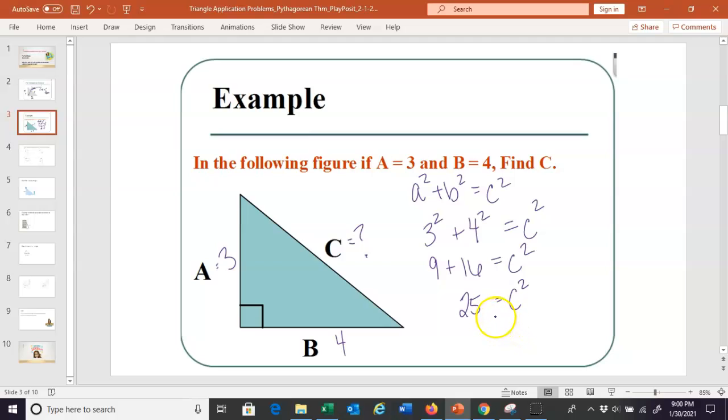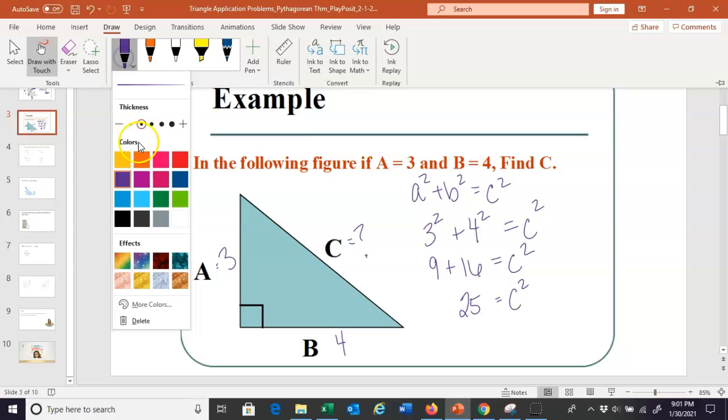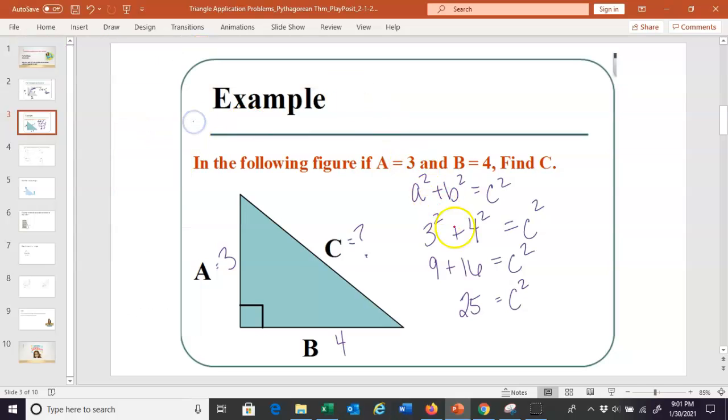Now, do you remember back from algebra how to get the C by itself? What is the inverse of squaring? The inverse, or the opposite operation of squaring, is taking the square root. So if we take the square root of both sides, just to show you here, on the right-hand side this expands out to C times C. Now remember, when you have a pair of things, it comes out.